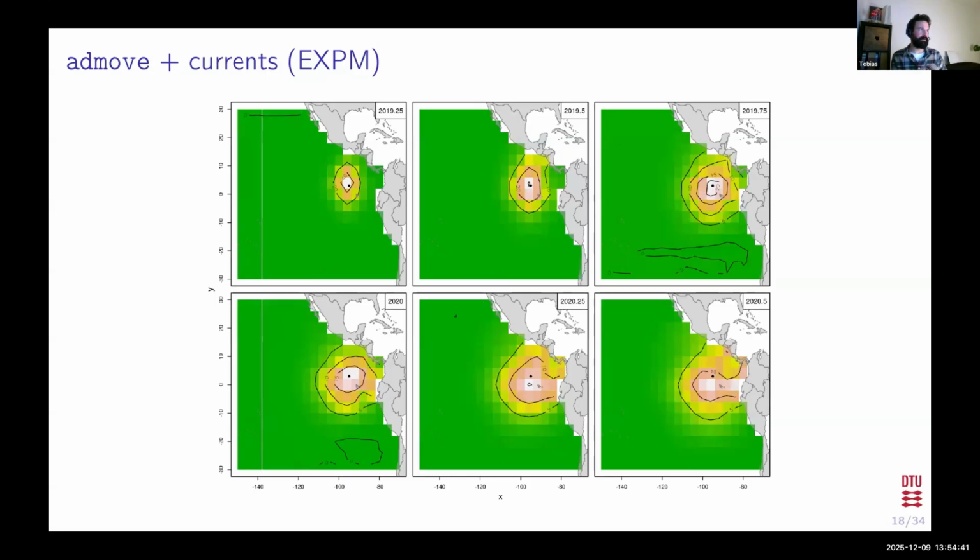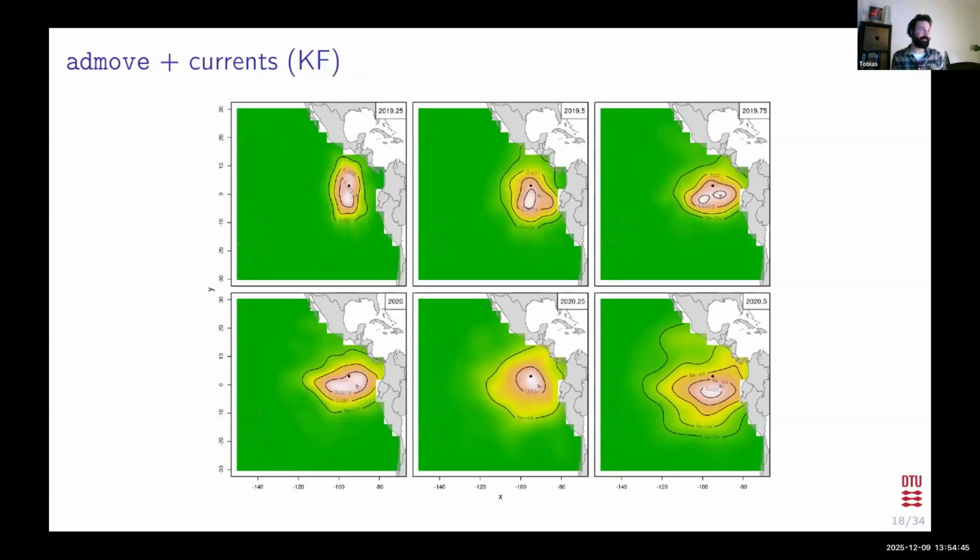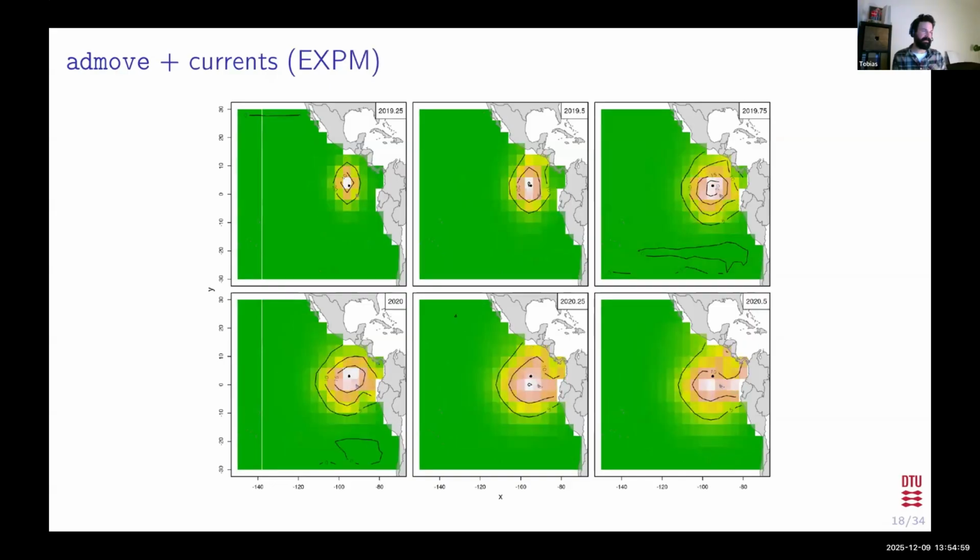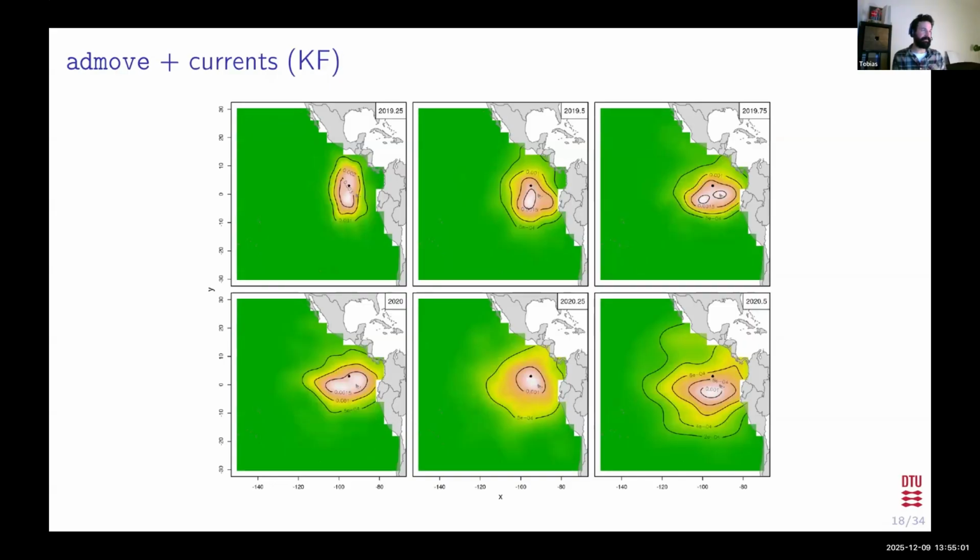This is the solution from the matrix exponential approach. To do something similar for the Kalman filter, you actually need to simulate them, and then use some bivariate kernel estimator to get this density in space. Just to show there's some difference, but overall also some agreement: a little bit of movement, a lot of diffusion.